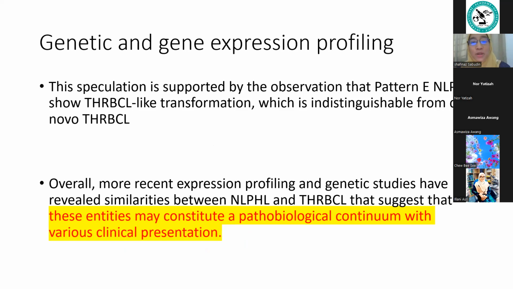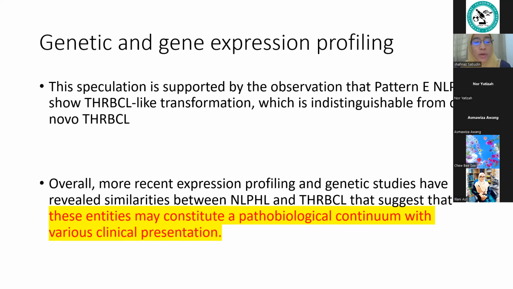This speculation is supported by the observation that pattern E of nodular lymphocyte predominant Hodgkin lymphoma shows T histiocyte rich B-cell lymphoma-like transformation, and they are indistinguishable from de novo T histiocyte rich B-cell lymphoma.